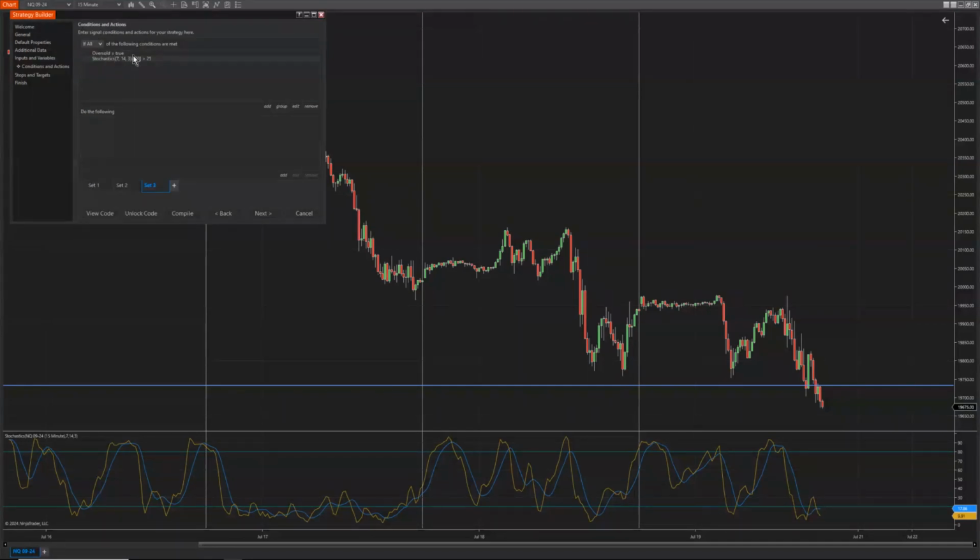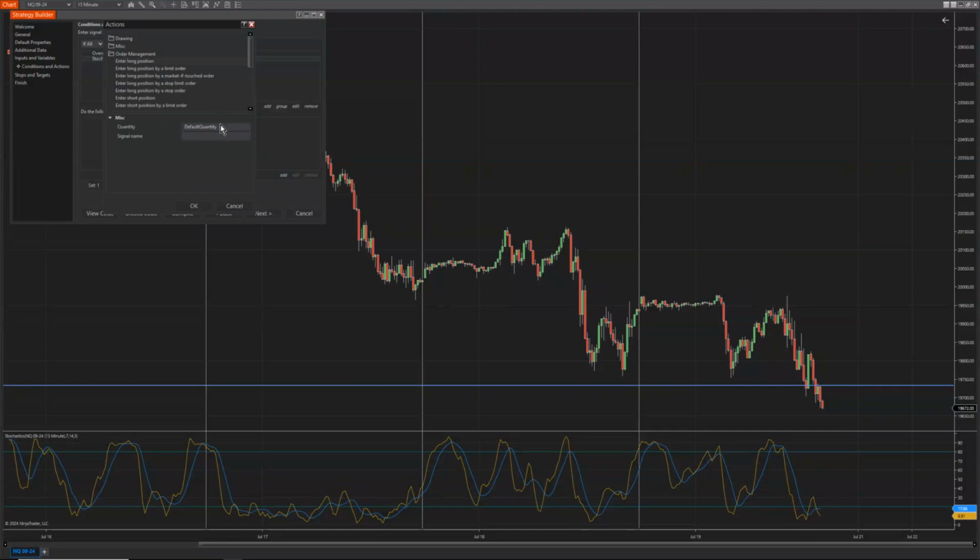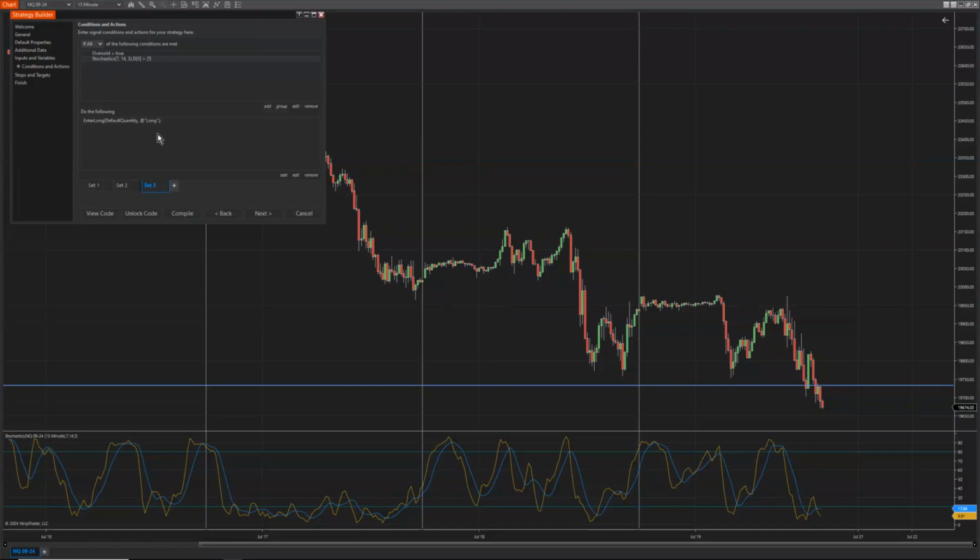So there's our entry conditions, super simple, based on 2 keys. Then we want to enter a long position, default quantity, and call it long. Based on what we're doing, we're waiting for the blue line to go below 10, and then we're entering when it comes back above 25.